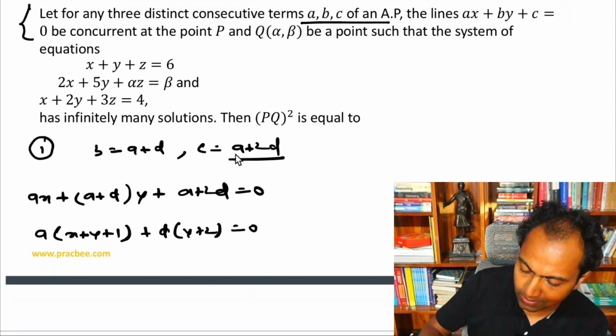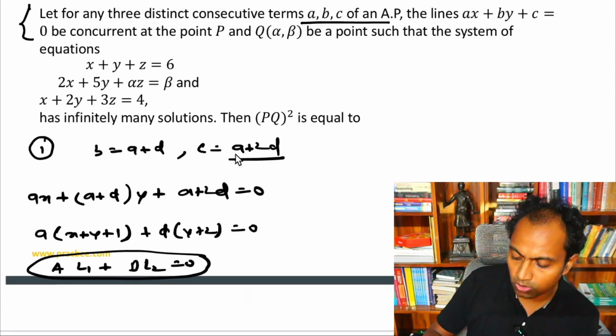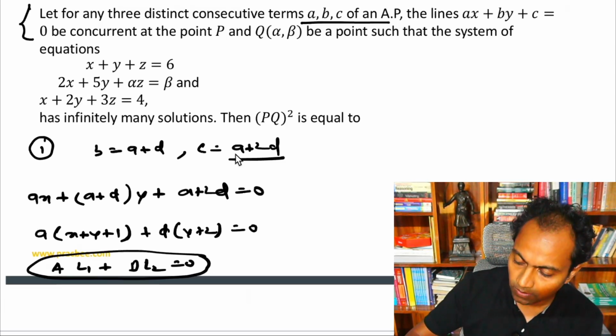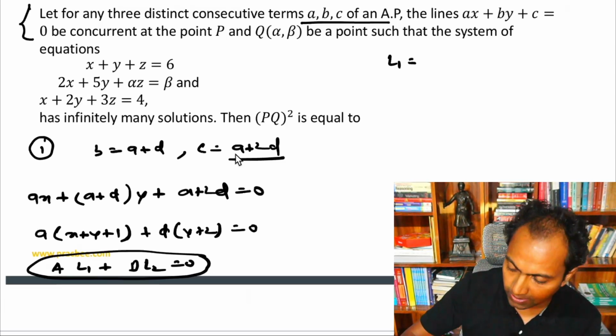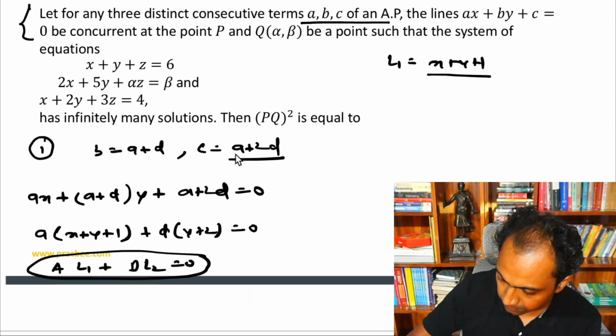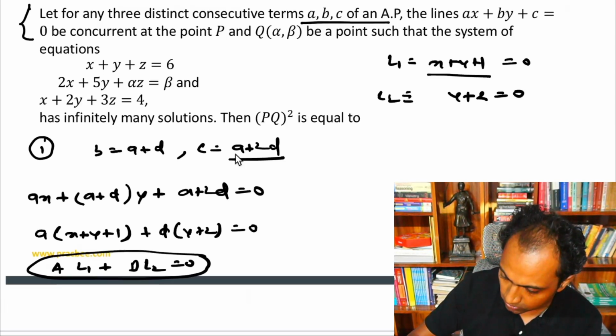Now you can see that this is of the form A L1 plus D times L2 equal to 0. This is an equation of a family of lines. So all such lines are going to pass through the intersection of L1 and L2, where the equation of L1, if I write, is nothing but x plus y plus 1 equal to 0, and L2 is y plus 2 equal to 0.